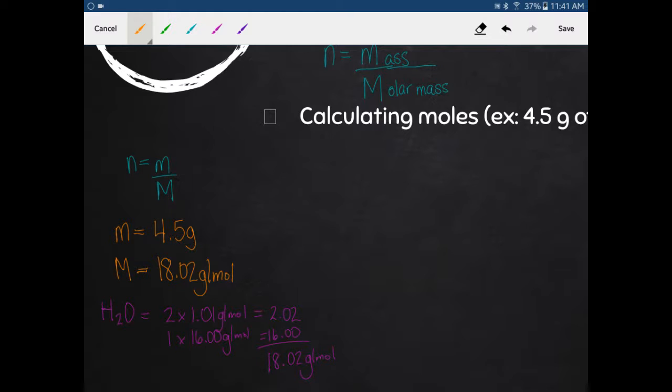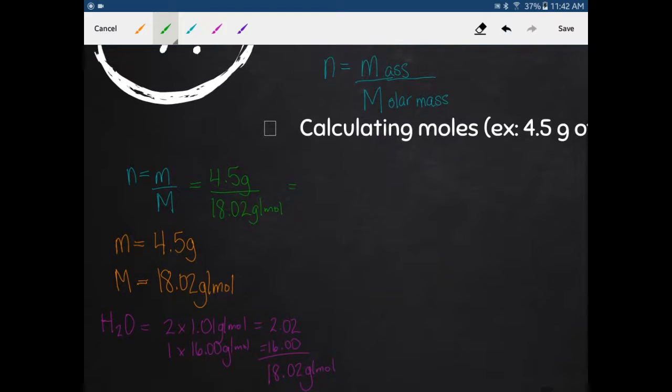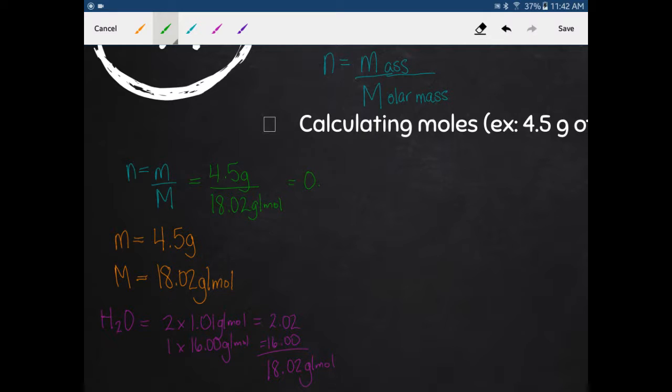My moles equals my mass over my molar mass, so when I plug that into my formula here, I get 4.5 grams divided by 18.02 grams per mole, giving me an answer of 0.2497.